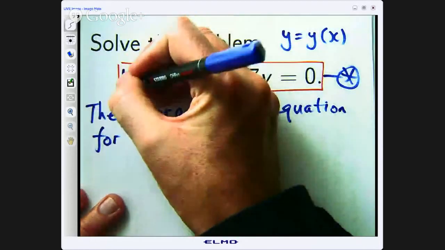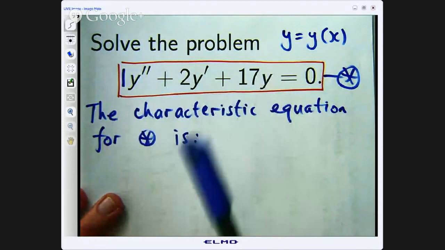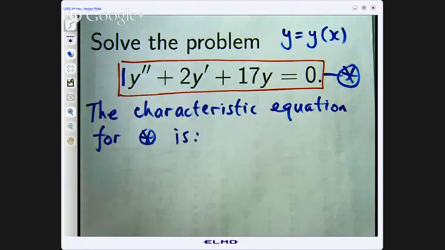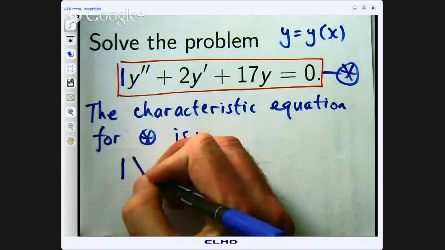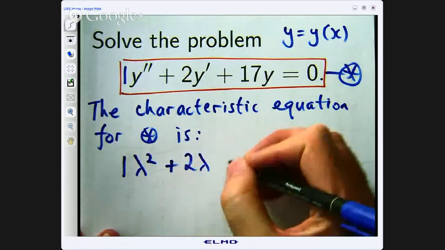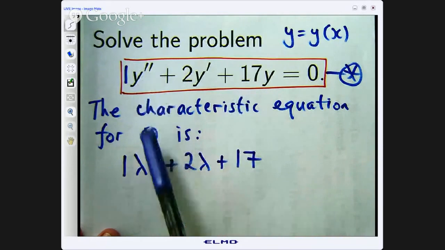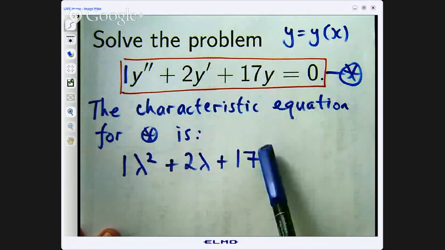Well, you look at the coefficients in front of each term in the left-hand side. So you've got a 1 there, a positive 2 there, and a positive 17 there. You take those numbers and you write down this corresponding equation for this problem. So the double prime goes to lambda squared, the single prime goes to lambda to the power 1, and the zeroth derivative goes to lambda to the power 0.